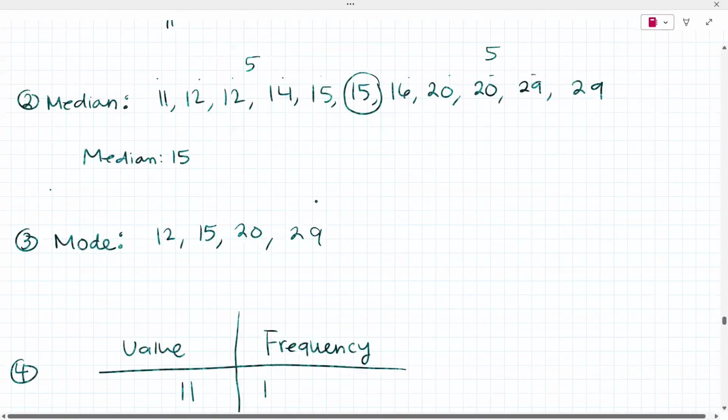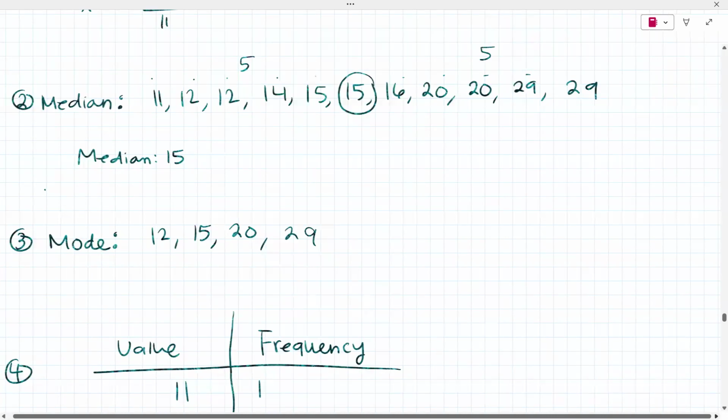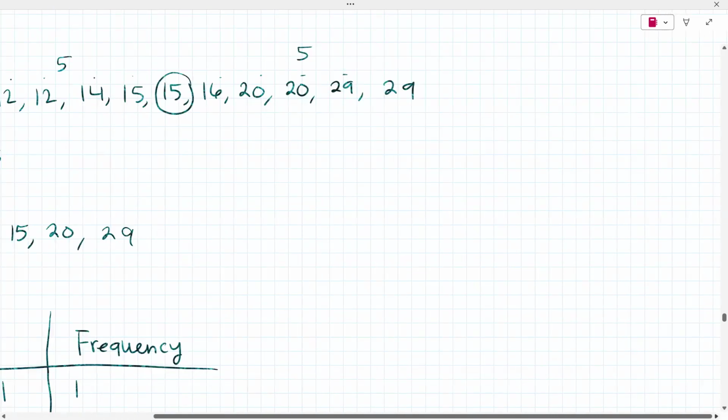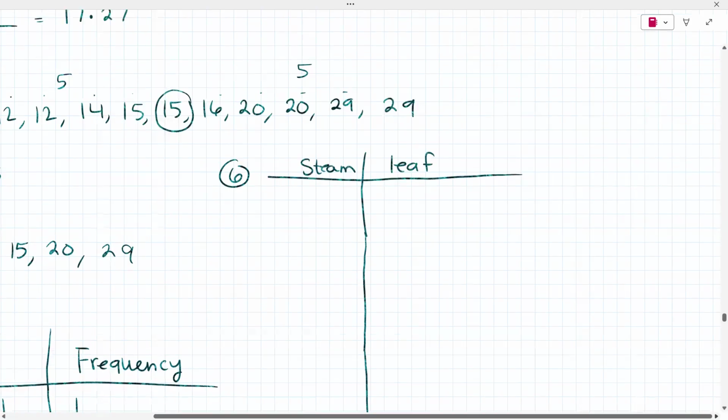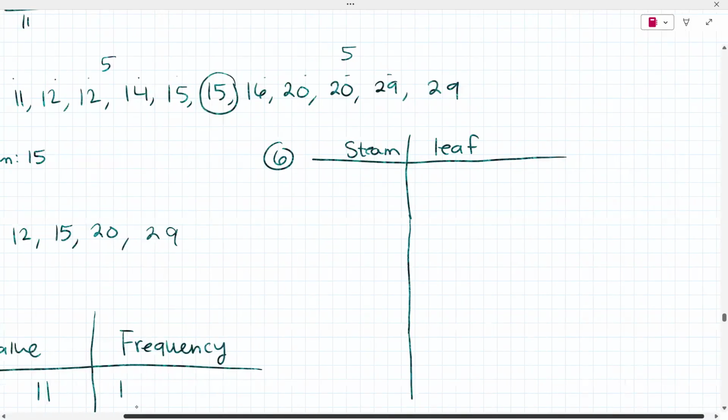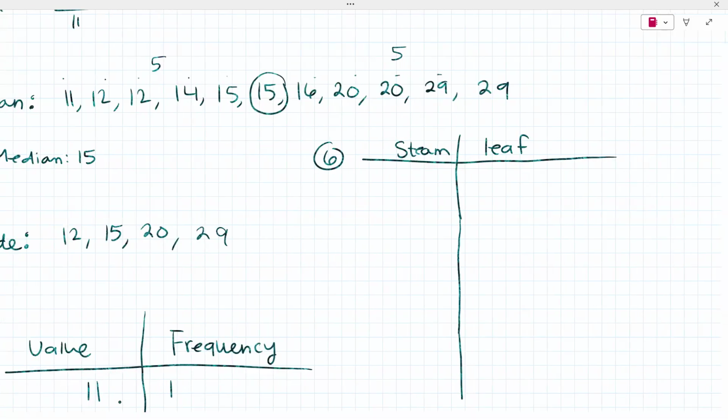I am running out of space, so I'm going to move it to the right. So 6, we are creating a stem and leaf. Let's look at 11. Remember the leaf can be only a single digit. So for 11, we're just going to use a stem of 1 and then put a leaf of 1.